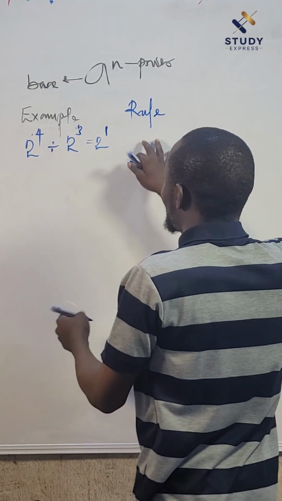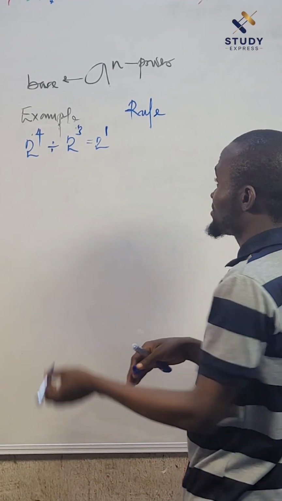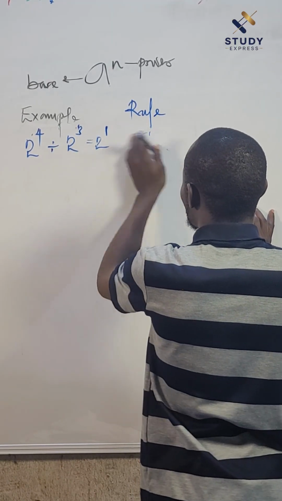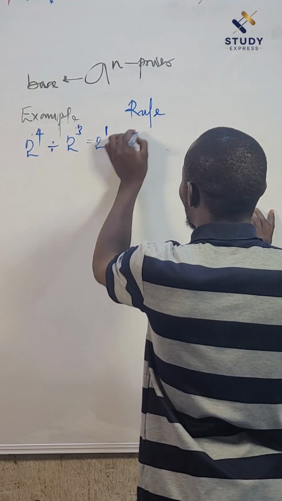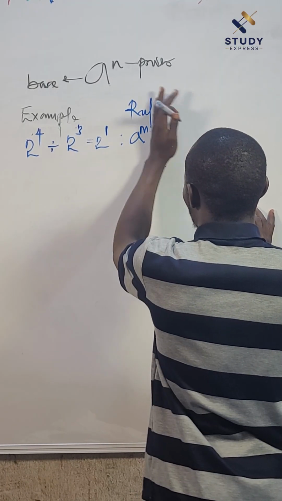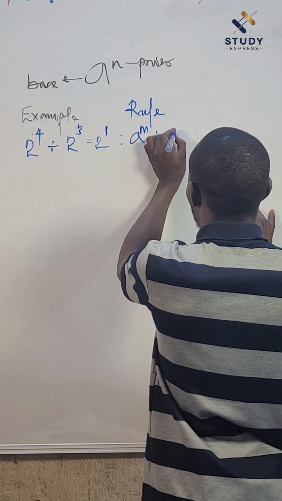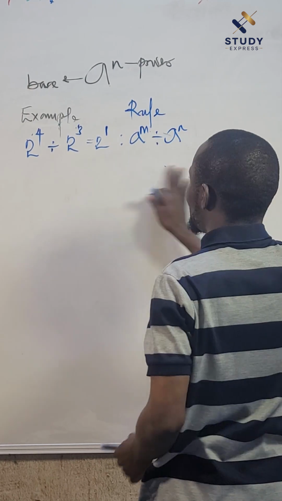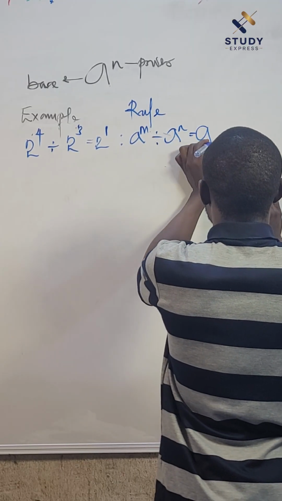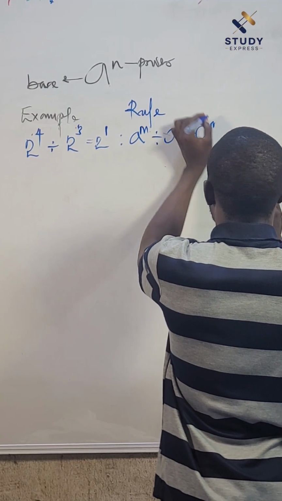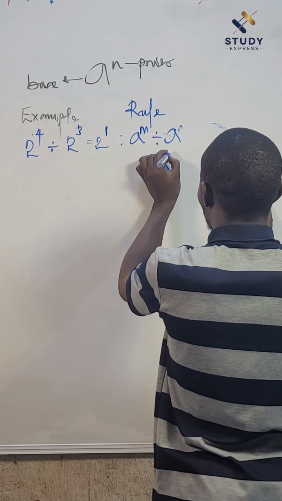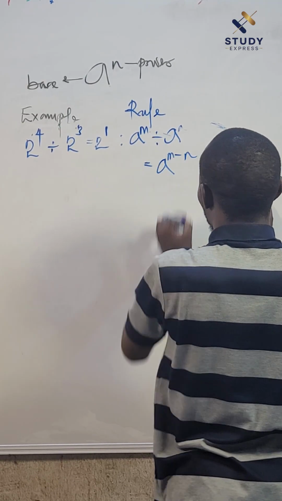The rule pertaining to exponents or indices is that if I have a raised to power m divided by a raised to power n, this is going to give us a raised to power m minus n.